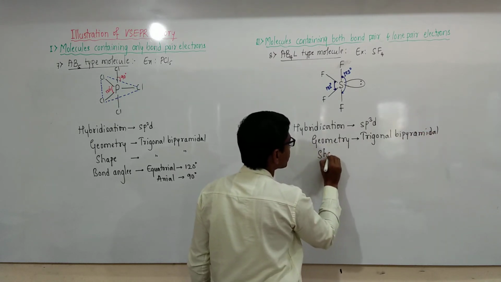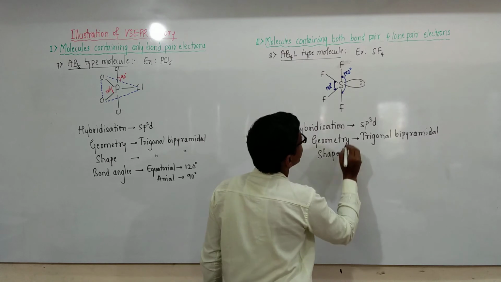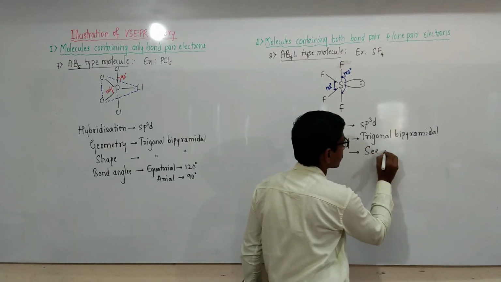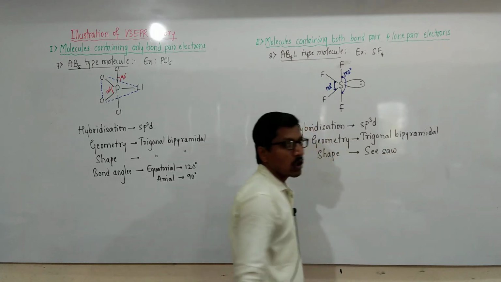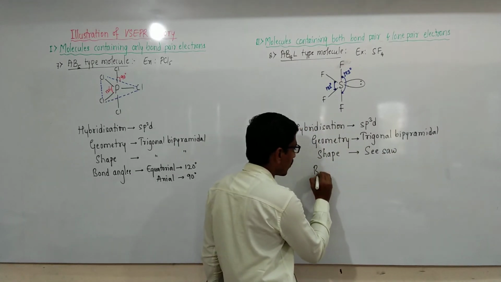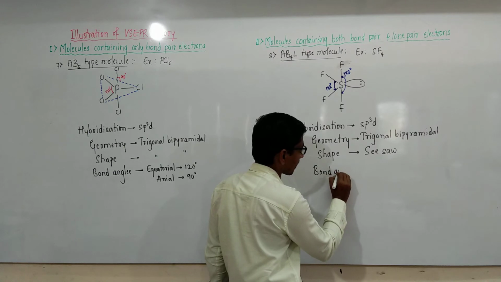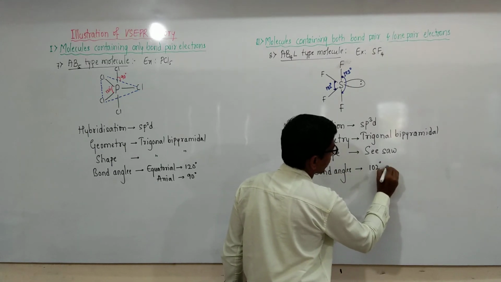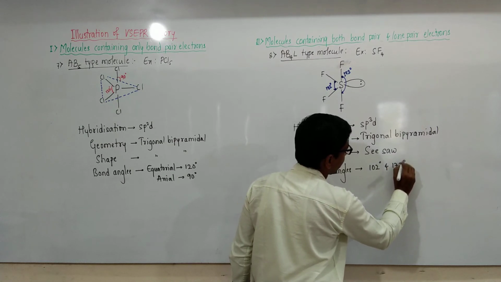Then the shape is the seesaw structure. Seesaw shape, bond angles 102 degrees and 173 degrees.